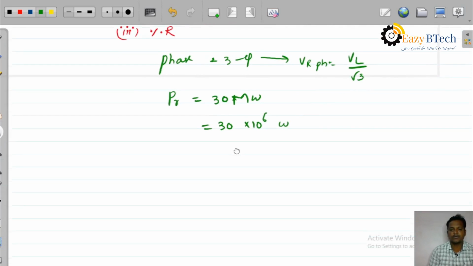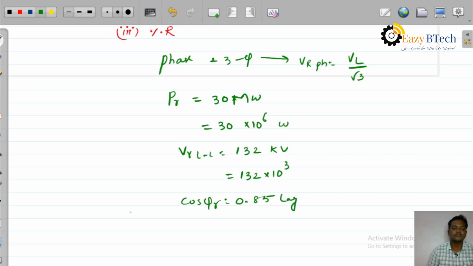And they provide 132 kV as the receiving end voltage. Therefore VR, this is line to line voltage, is 132 kV, which is 132 into 10 power 3. And power factor cos phi R they given 0.85 lagging, and they given the series impedance Z equals to 20 plus j40.